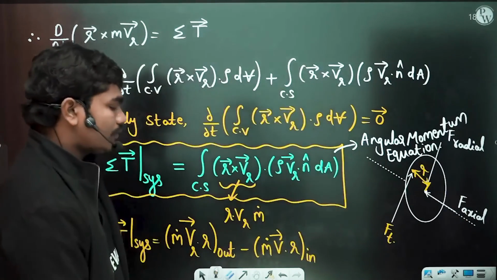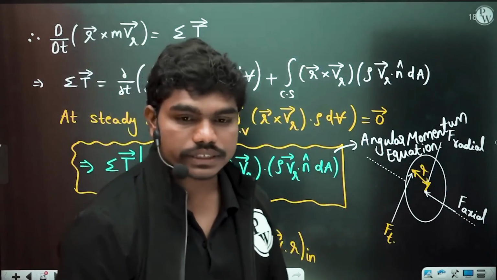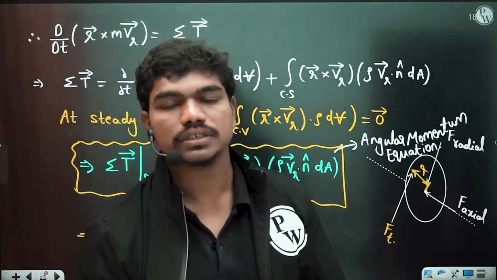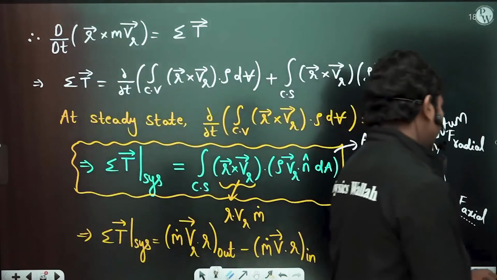Clear? So that's how, from the Reynolds transport theorem, we can derive the mass conservation equation, the linear momentum equation, and the angular momentum equation as well. Clear? So that's how we have these things.